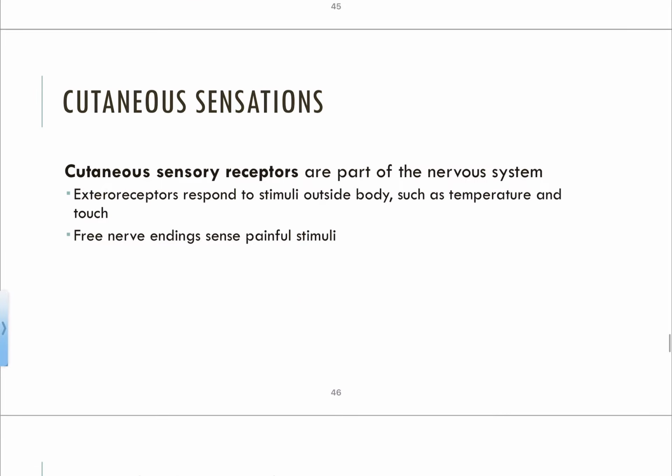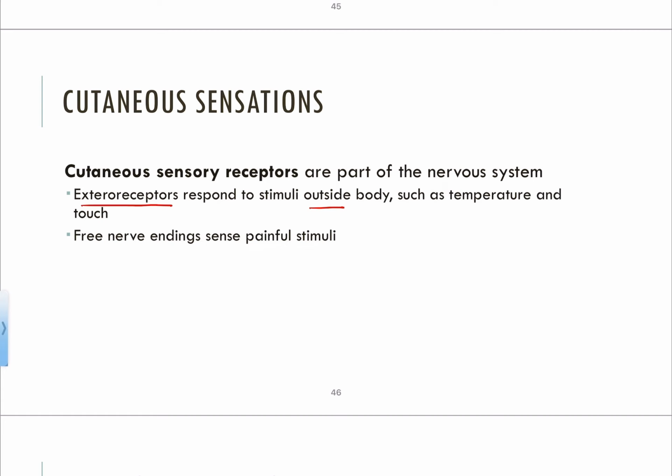Okay, another function of our skin is to perceive sensations. So, cutaneous sensory receptors are also part of our nervous system. We have exterior receptors, which respond to stimuli outside of our body, such as temperature and touch. We also have some free nerve endings that sense painful stimuli.